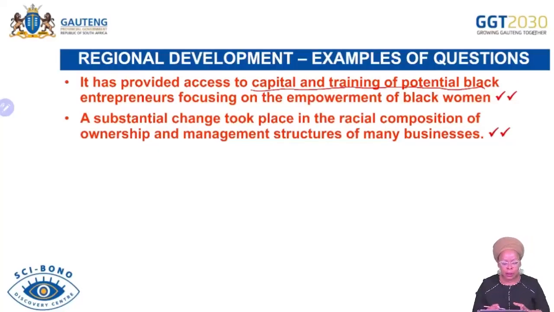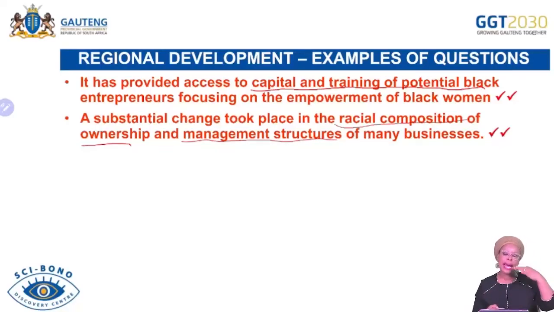A substantial change took place in the racial composition of ownership. Now we see Blacks, we see coloreds, Indians owning companies. So it helped to transform our economy. And then we also see most of them being in management when it comes to certain industries.